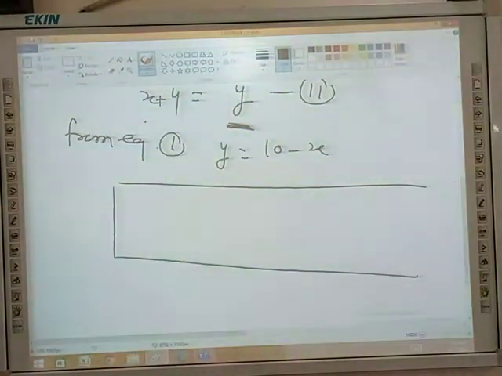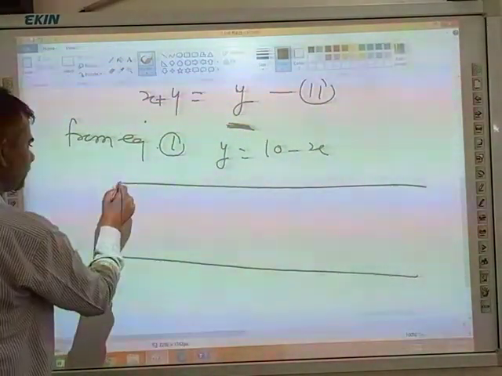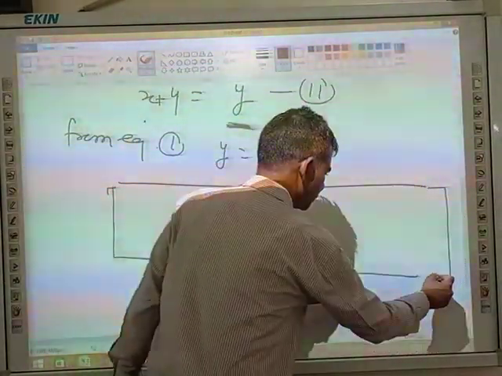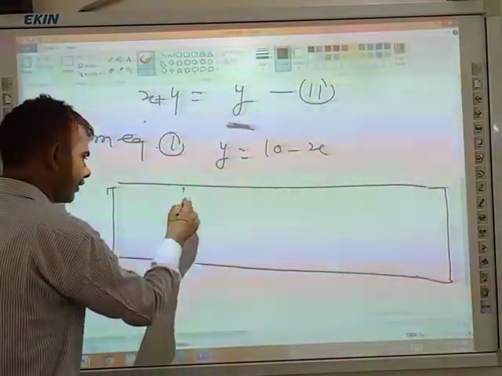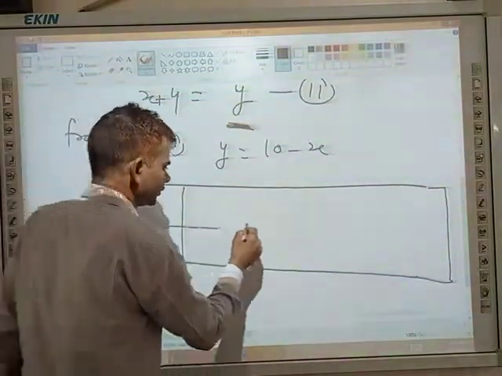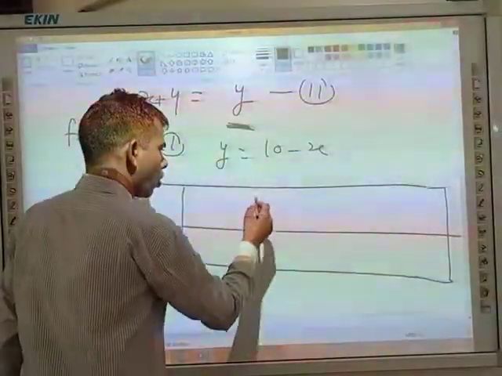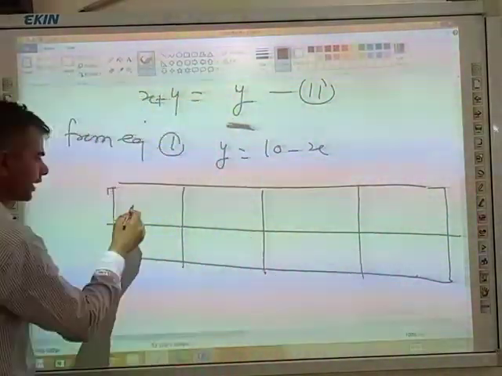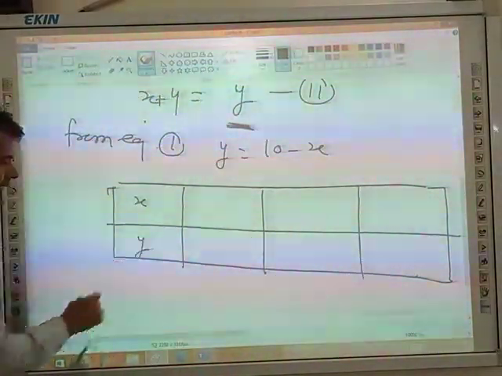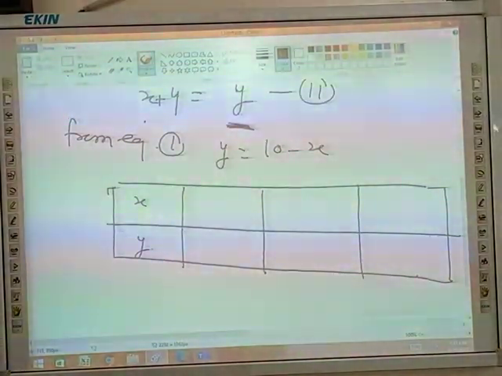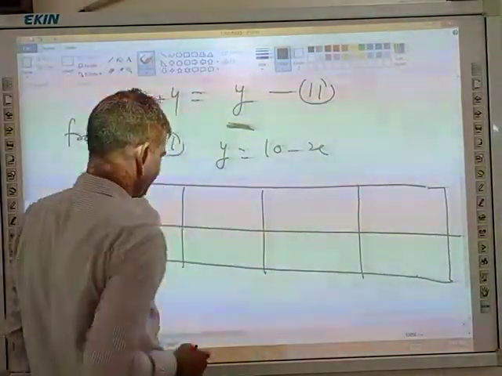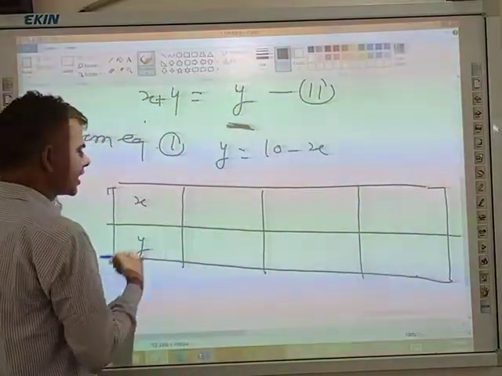Now students, draw the graph from this table. That is x, that is y. Now students, we will take x as 5.